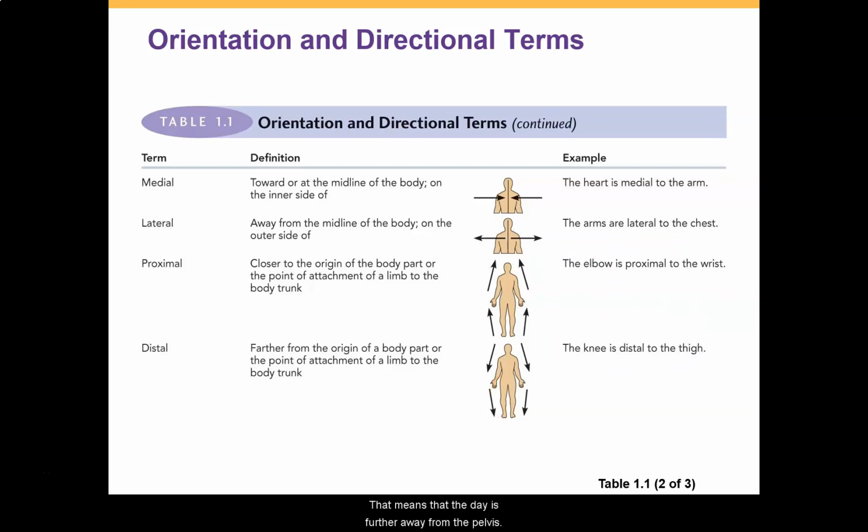That means that the knee is further away from the pelvis compared to the thigh, which makes sense. The knee is down here, the thigh is right there. So the knee is further away from the attachment point, the pelvis, compared to the thigh.